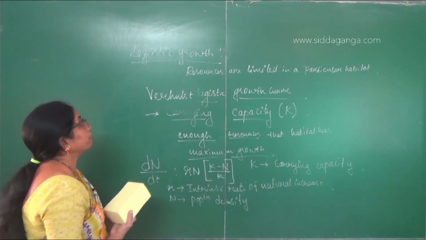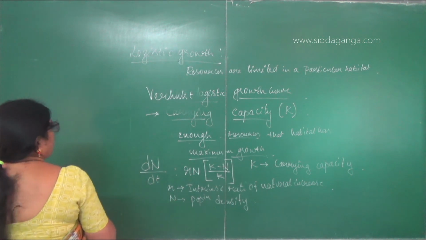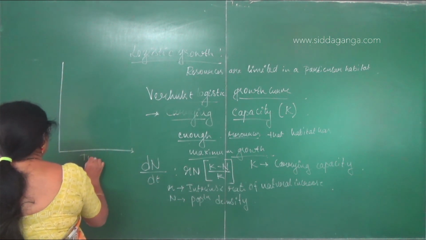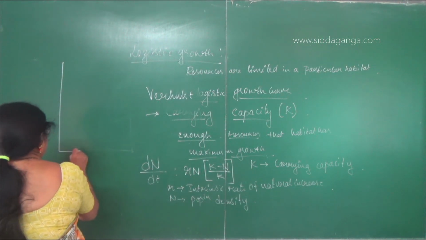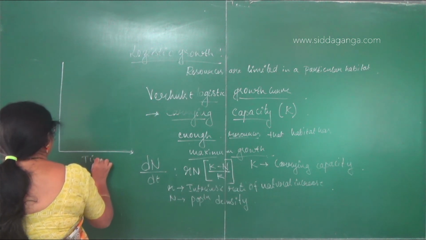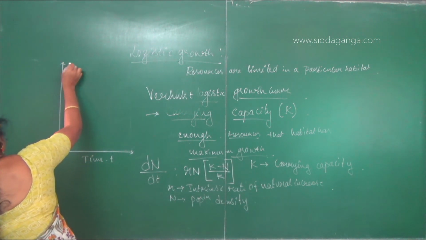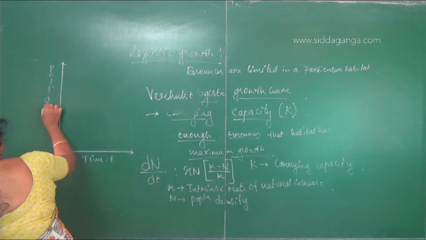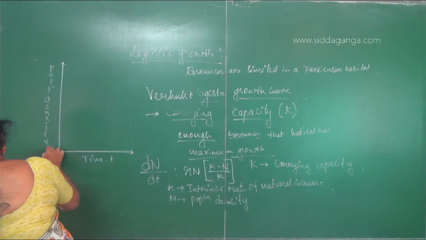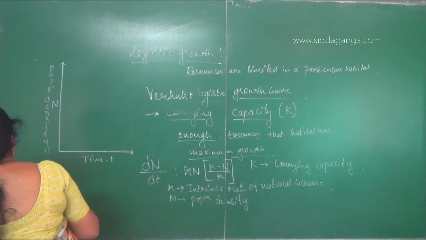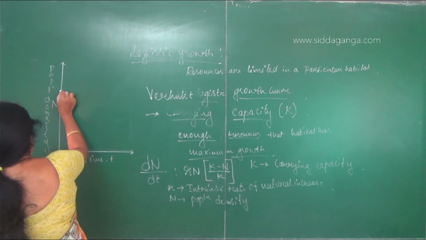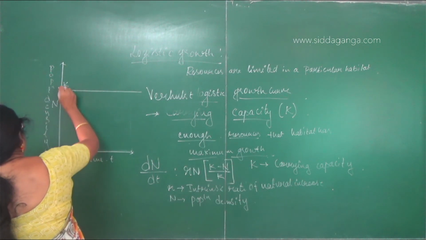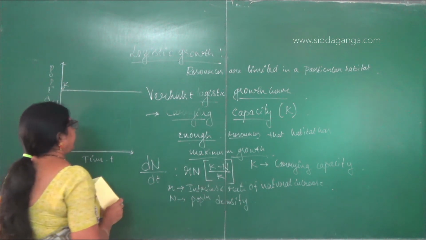Looking at the graphical representation of logistic growth, let's take time t on the x-axis and population density, denoted as capital N, on the y-axis. Now let me draw a line showing the carrying capacity, the maximum resources a particular habitat possesses.